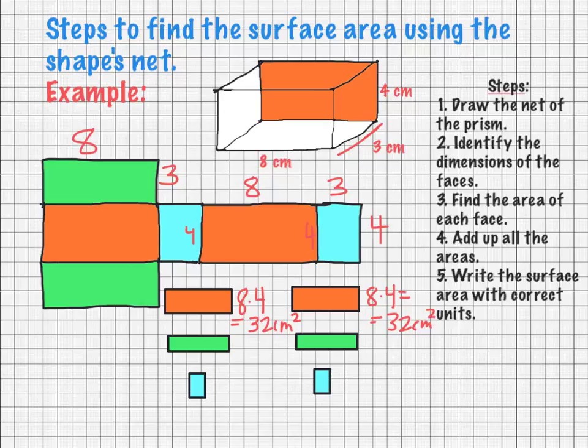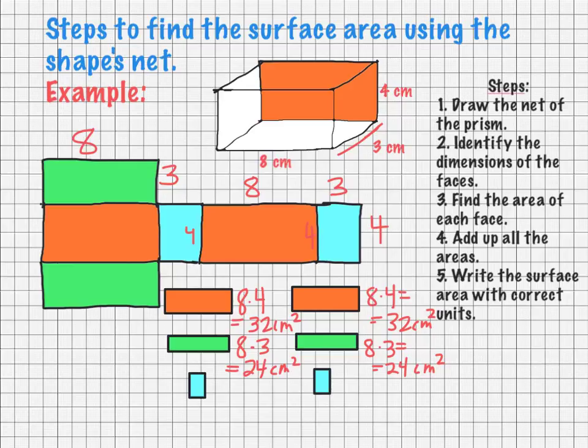Next, the green-colored bases had a dimension of 8 by 3, which made 24 centimeters squared. And again, the other green-colored base was 8 by 3, which makes 24 centimeters squared.